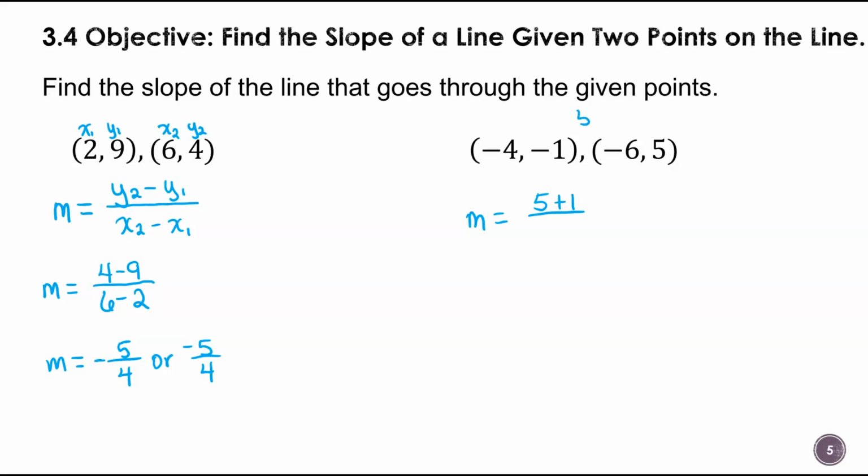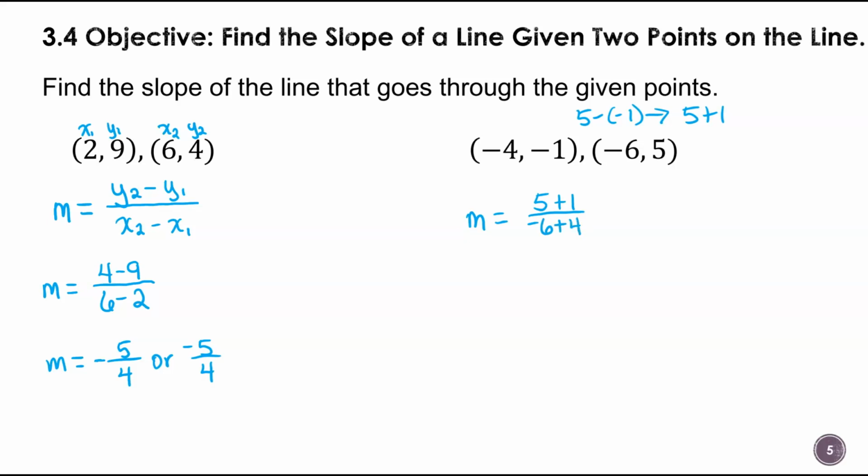Let me write that out. 5 minus negative 1 would be 5 plus 1. I would prefer that you go ahead and write that as a plus in your formula. It will make more sense that way. And now let's look at the x's. I'm going to take the x coordinate from the second ordered pair, which is negative 6. That's minus negative 4, so it will be plus 4.